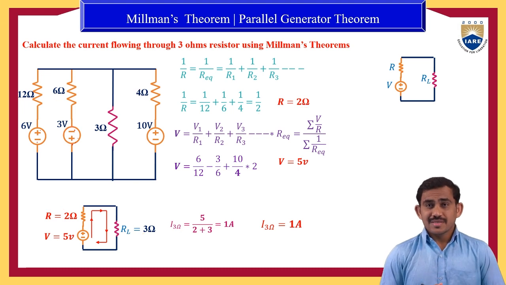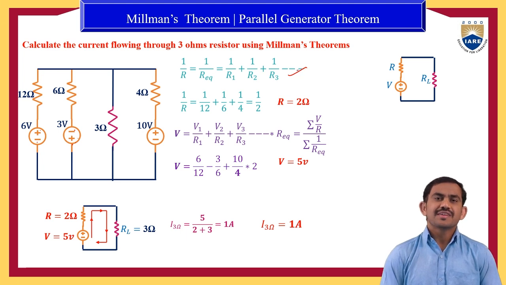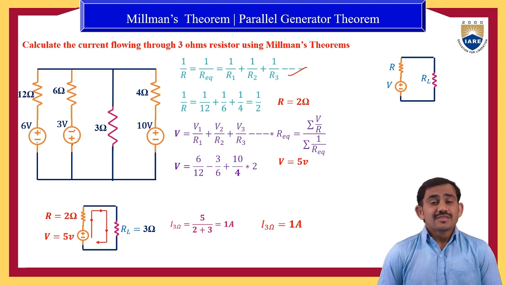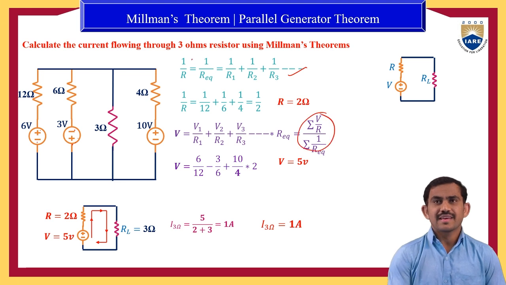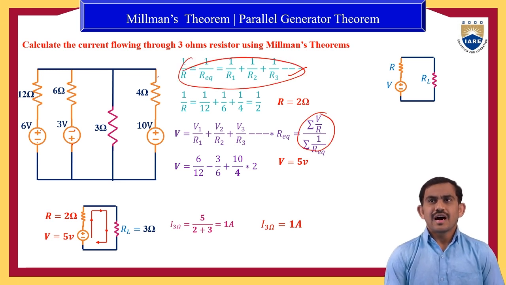So using Millman's theorem, I need to find out the 3 ohm current. Here the voltage sources are connected in parallel. For resistance we have the formula 1 by R equals 1 by R1 plus 1 by R2 plus 1 by R3, for the number of resistors connected in parallel. Then the voltage is summation of V by R divided by summation of 1 by R. You can substitute those values in your equation, and we get the R value as well as the voltage value.